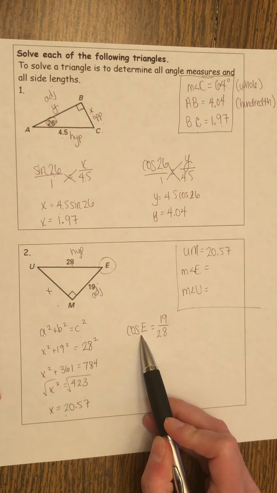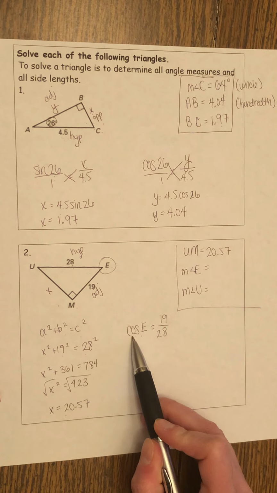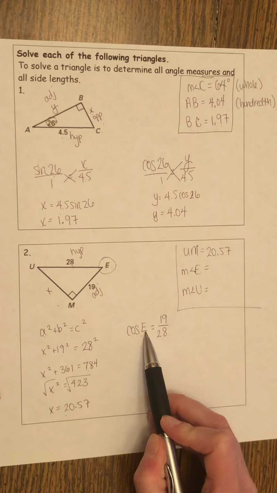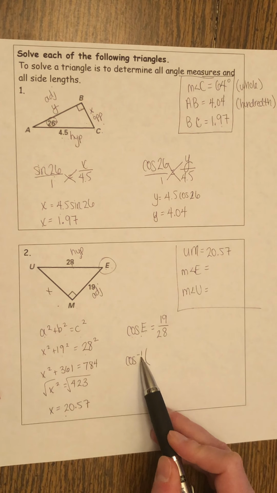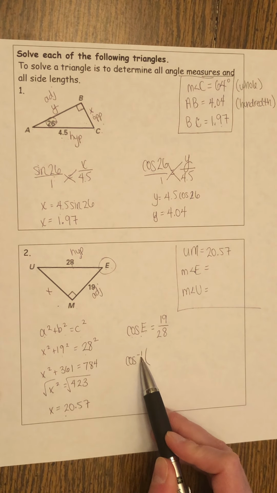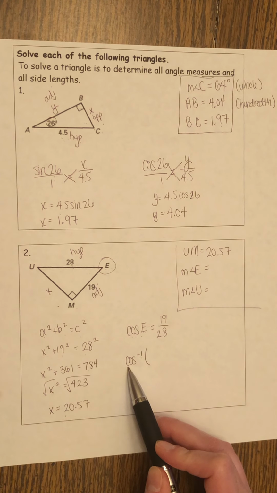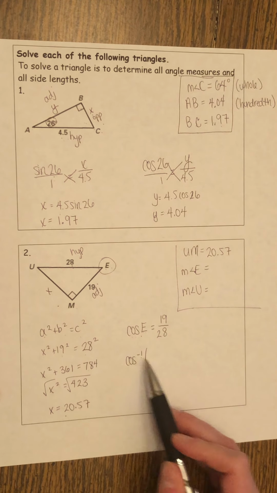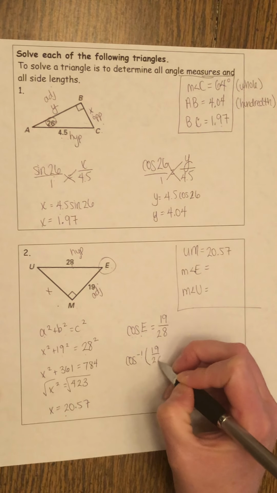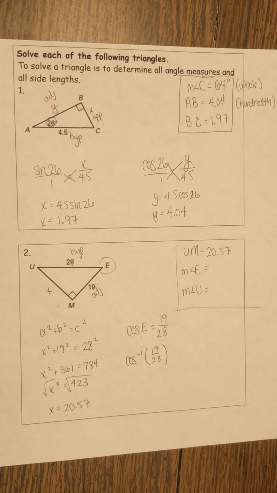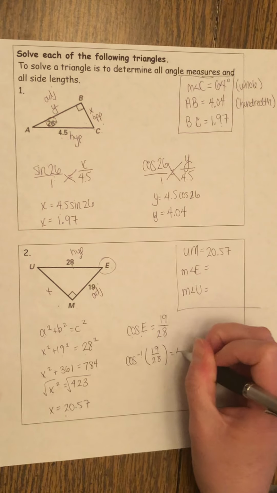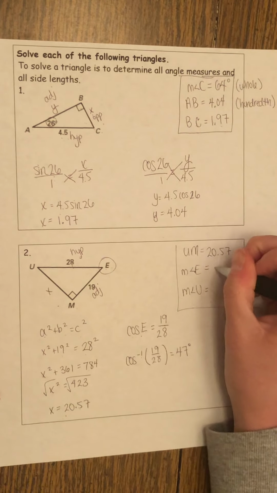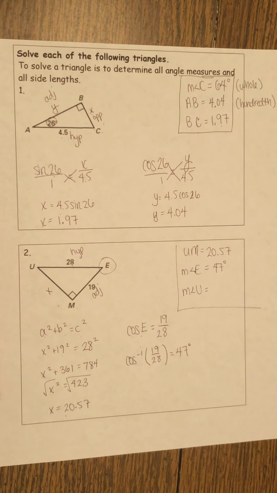To now solve for angle E, I'm going to undo taking the cosine of angle E. And how I'm going to do that is use an inverse trig function. So I'm going to take the inverse cosine of the ratio of sides that I figured out. I'm going to go ahead, punch this into my calculator. I'm going to round to the nearest whole. So I get about 47 degrees for the measure of angle E.